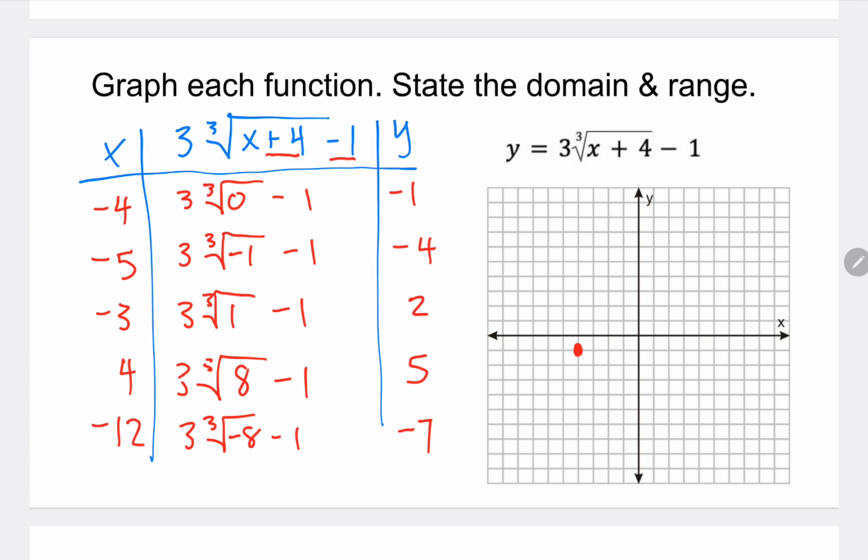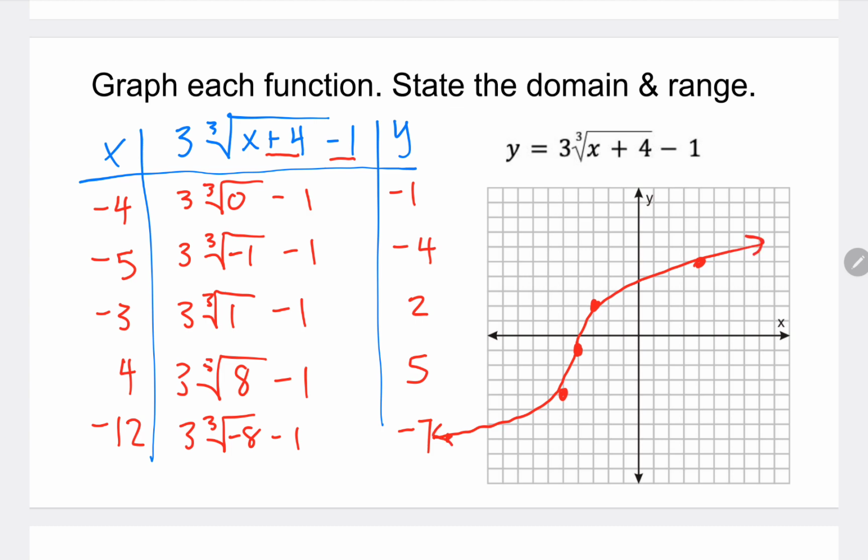All right, so then we got these points: negative 5, negative 4; negative 3, 2; 4, 5. And negative 12, negative 7 would be off our graph, but you could get the idea from there. And domain and range would both be all real numbers.